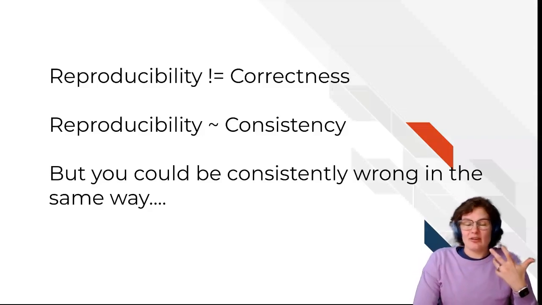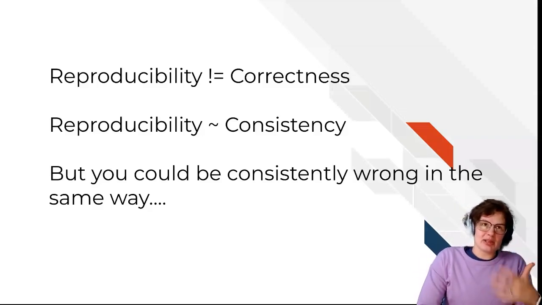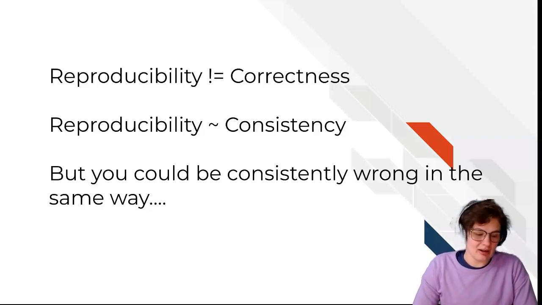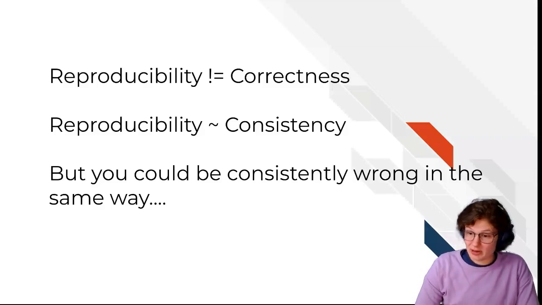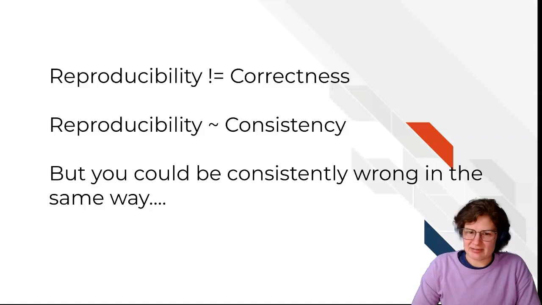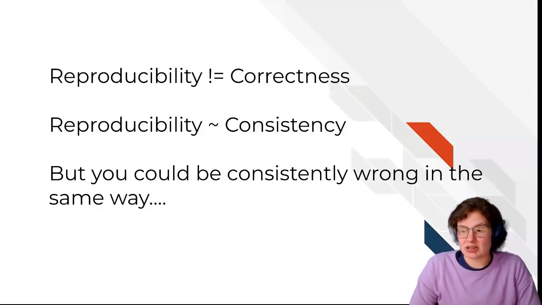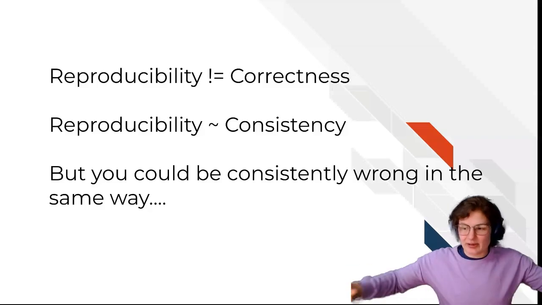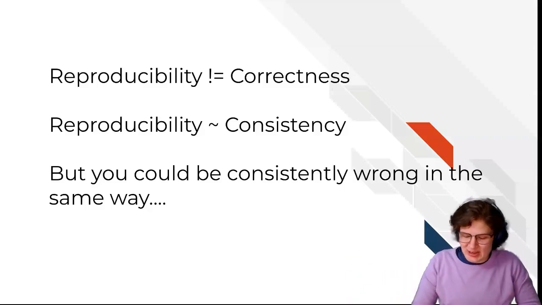Which means that if you need to trust your results and you want to believe that they are sensing some sort of ground truth about the world that you're observing, which is what science is all about, then you need them to be consistent. That's a requirement, which is what reproducibility is about. But just because they are consistent doesn't mean that they are valid or correct. That's a different question, not something we can address in this course.